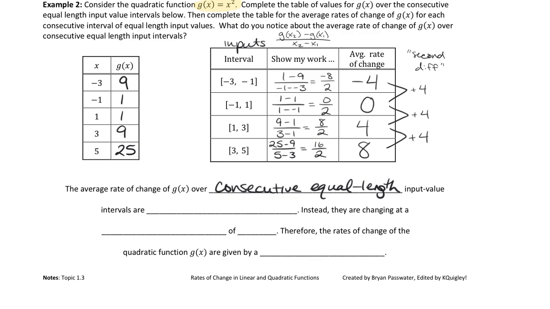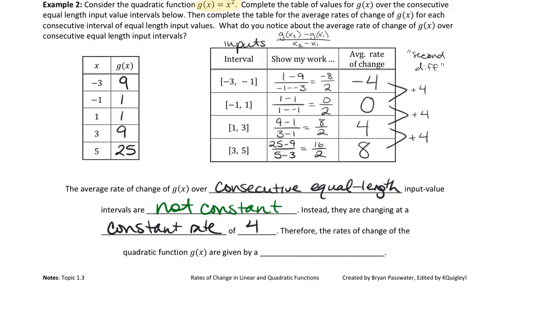We found that the average rate of change here, these numbers in your table, are not constant. Instead, they are changing at a constant rate of 4. They being the average rate of change.